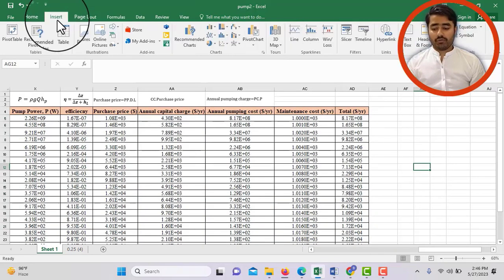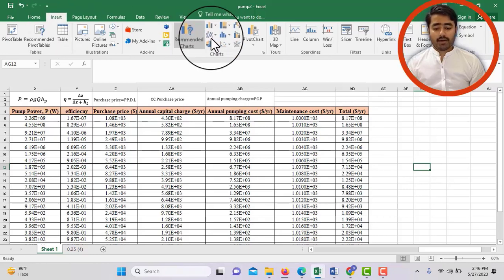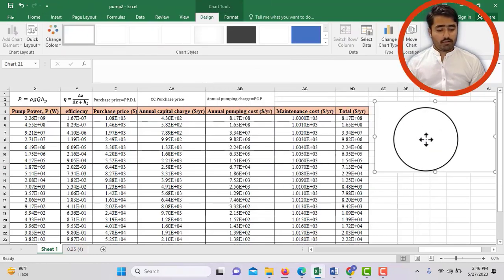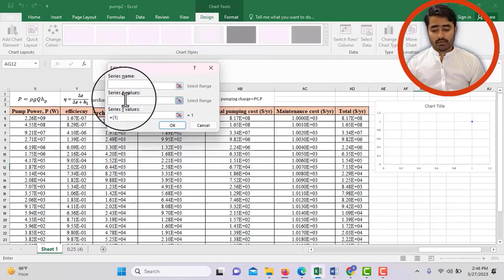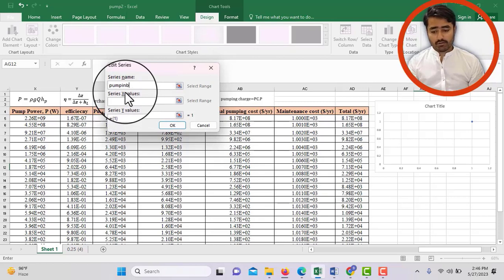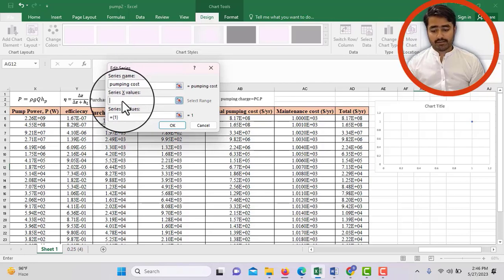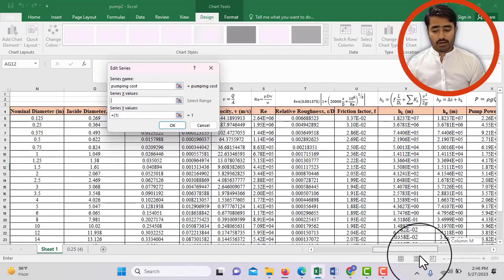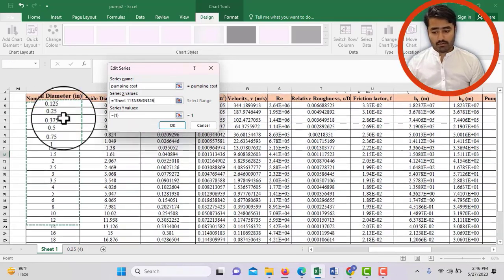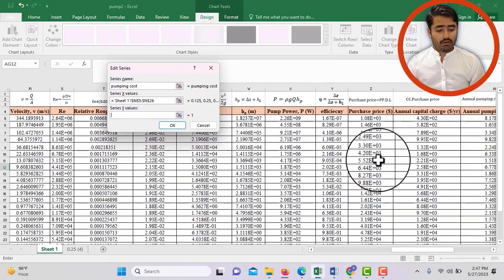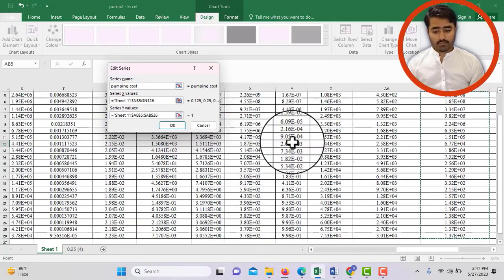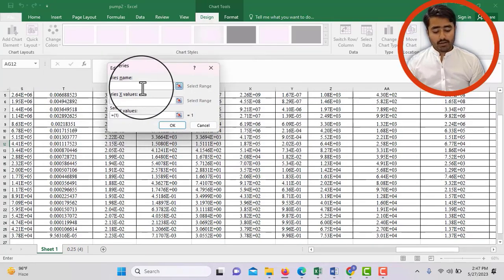Now I will make a graph. For plotting a graph, you will select the insert tab and select the chart. So first of all, I am going to plot the pumping cost with respect to the nominal diameter. So on the x-axis I have nominal diameter, and on the y-axis I will put the information of pumping cost. So now I will also plot the capital charge.